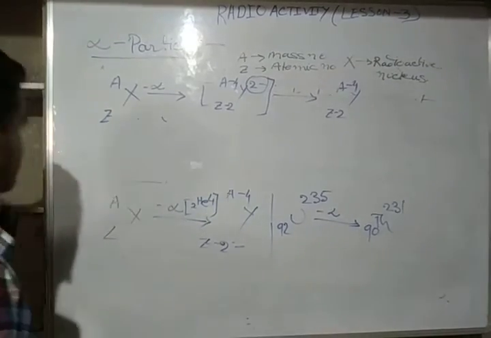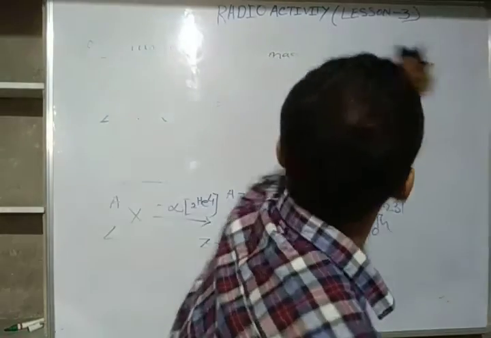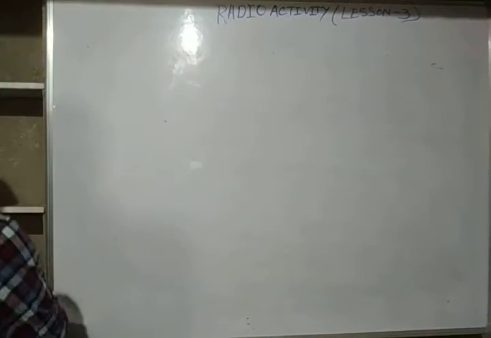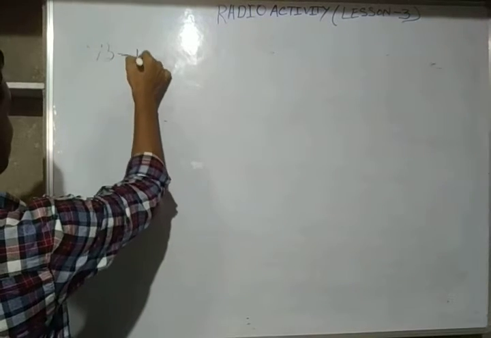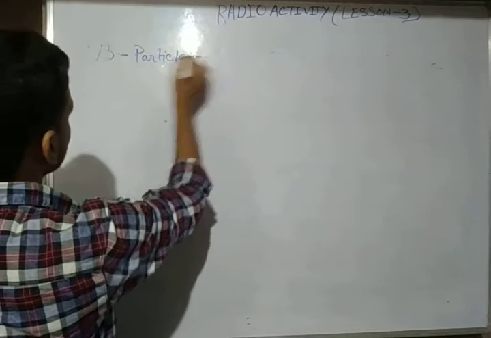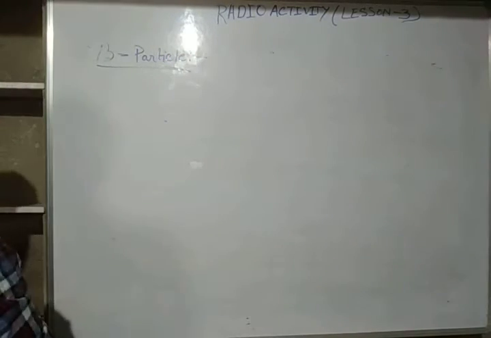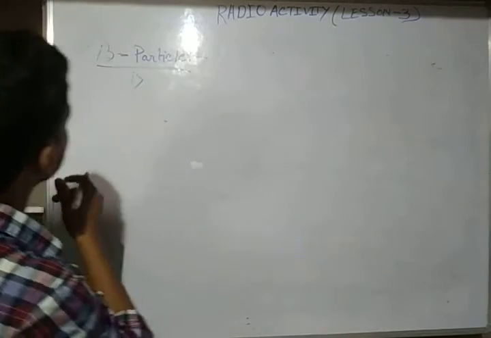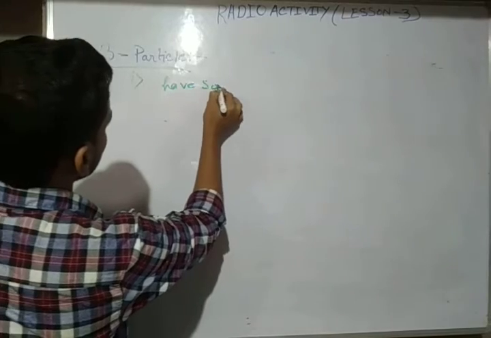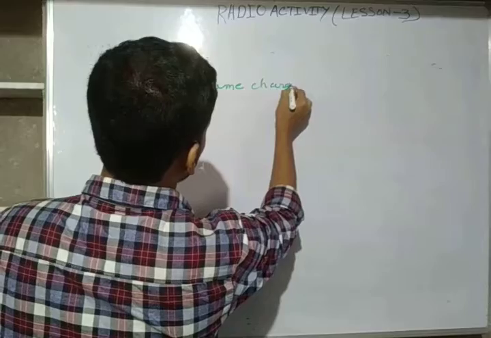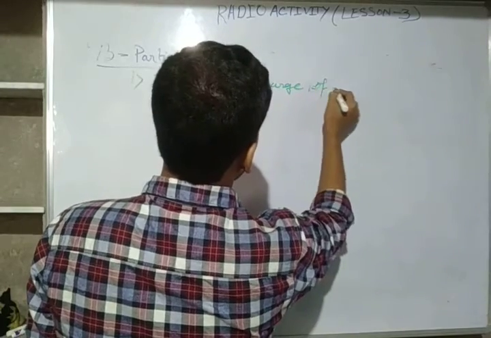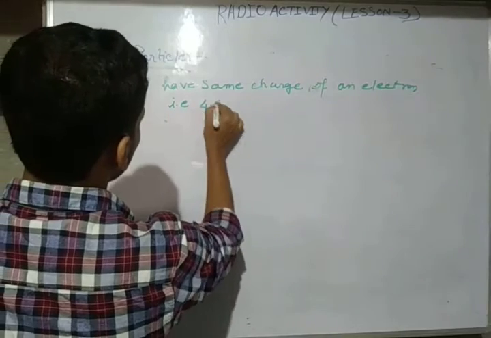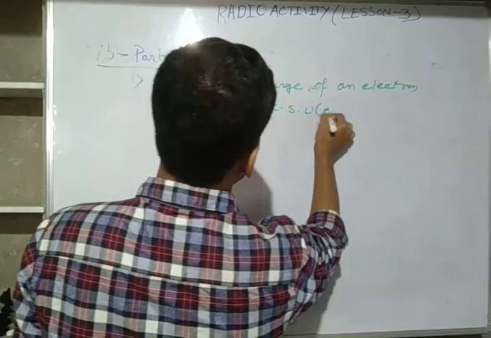Let's come to beta particle. Beta particle has the same charge as an electron, that is 4.8 into 10 to the power minus 10 ESU, electrostatic unit.